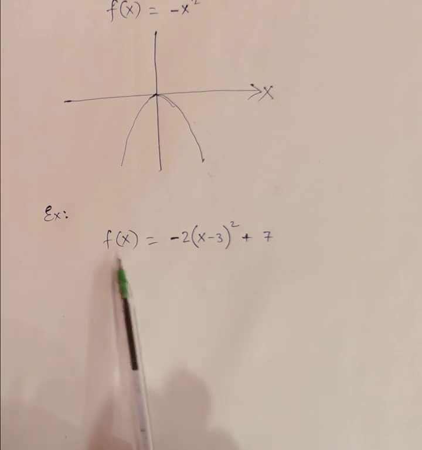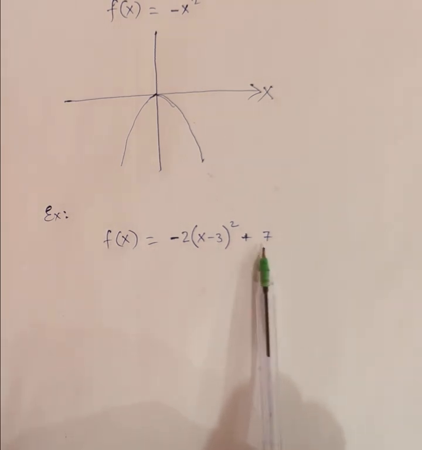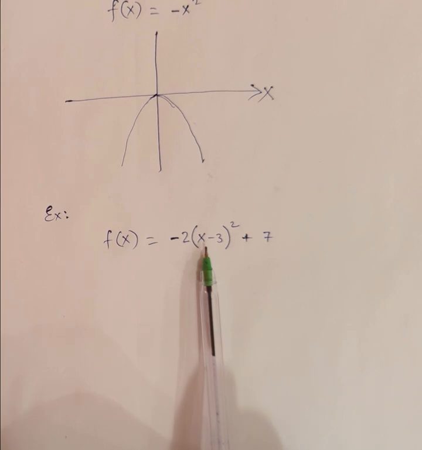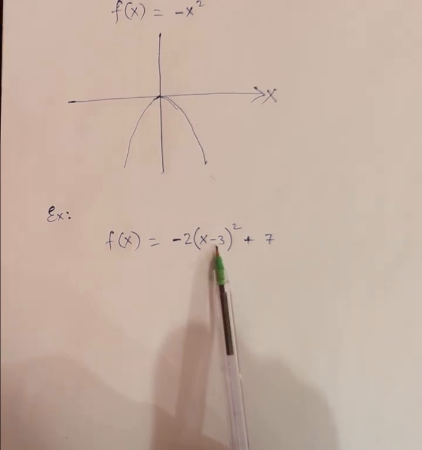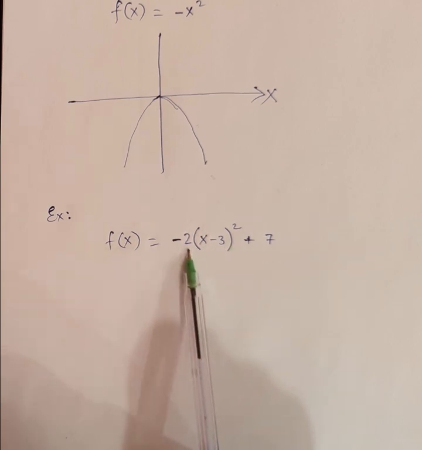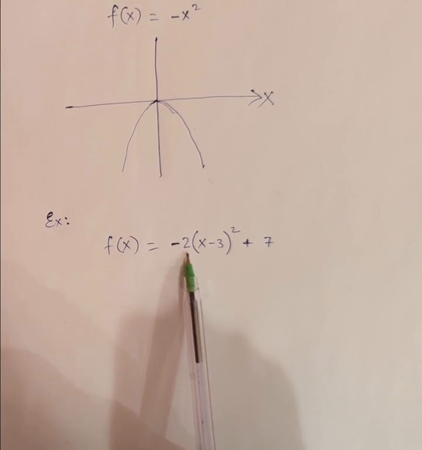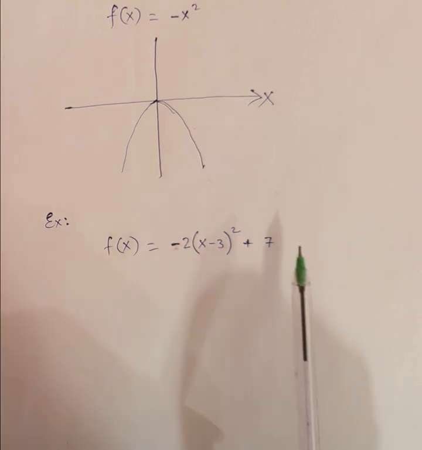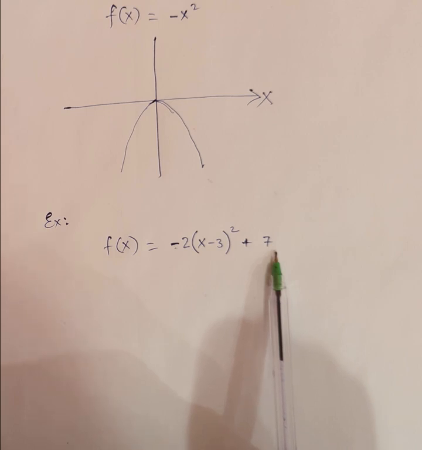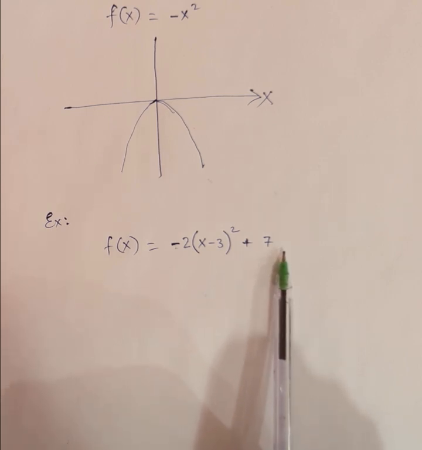So when you look at this quadratic function, it has all four transformations. X minus 3 inside the parentheses tells me that there will be a horizontal shift to the right 3 units. Then the 2 in front will tell me that there is a vertical stretch by a factor of 2. And then the negative in front tells me that there will be a reflection. And then the plus 7 tells me that the graph is going to move up 7 units.